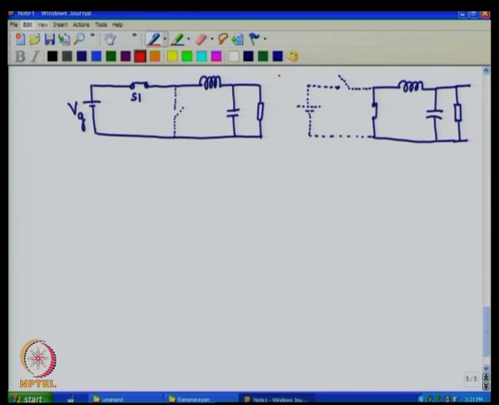and develop the model for these two. Now, here we will have a vertical split. This is the mode of operation during dt period, and this is the mode of operation during 1 minus dt period.